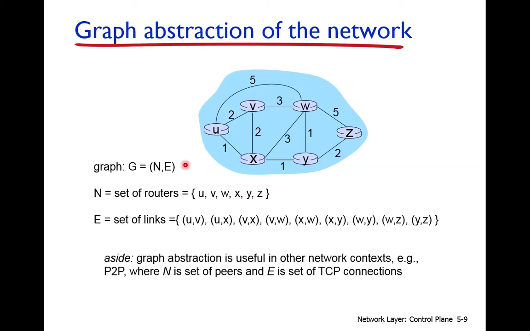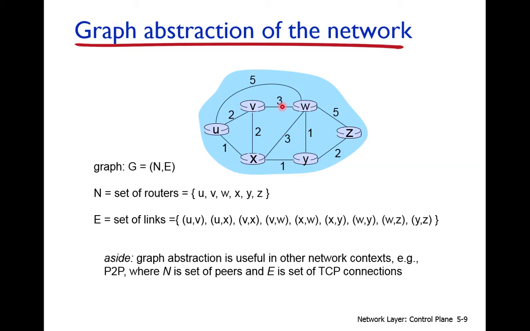In a graph we have two things: nodes and edges. In this graph we have nodes u, v, w, x, y, z. These nodes represent the routers u, v, w, x, y, z. And when the u router is connected with the v router, this is called an edge.